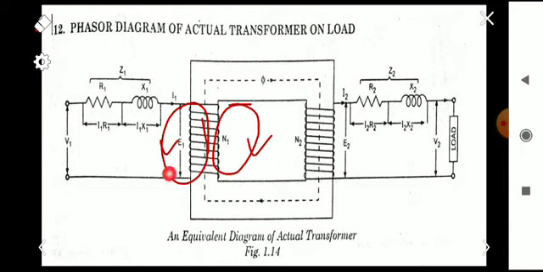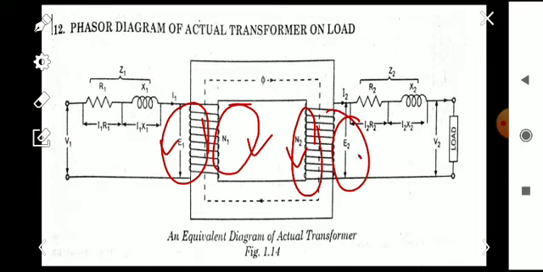This part of the flux is not linking with the primary turns, and in the secondary winding case, these outside portions are also not linking with the secondary windings.